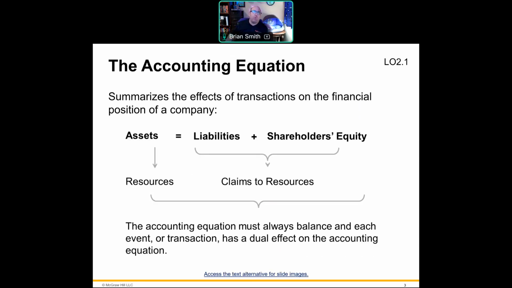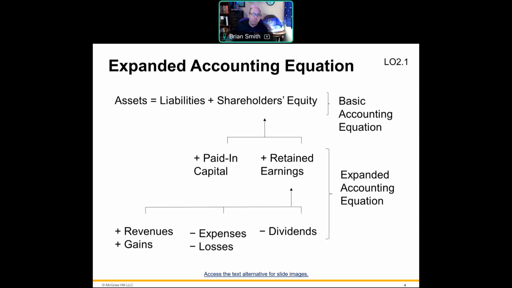We need to find out what has happened and whether it impacts the transaction. Does it involve our assets, our liabilities, our equity? Remember, our assets are our resources, our liabilities and equity are our claim on those resources. The accounting equation must always balance, and each event or transaction has a dual effect on the accounting equation. Always double entry accounting.